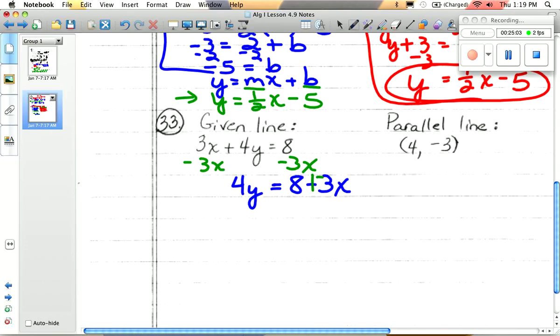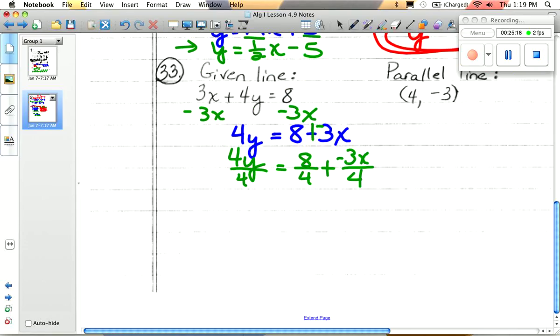And now we're going to divide every piece by 4. Every piece is divided by 4. So our equation is y equals 2 plus negative 3 fourths x.